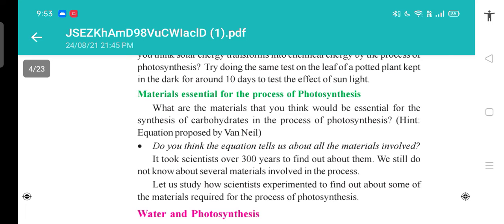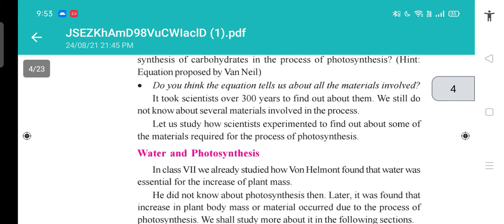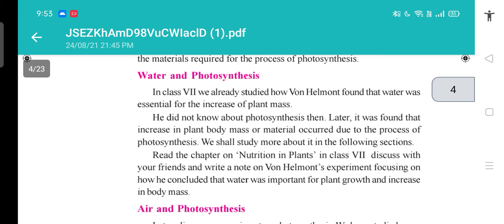Scientists had concluded that water is a raw material for photosynthesis. How did they conclude? We can see that in water and photosynthesis. In class 7th, we already studied how Van Helmont found that water was essential for the increase of plant mass.